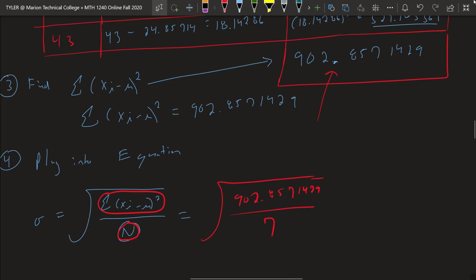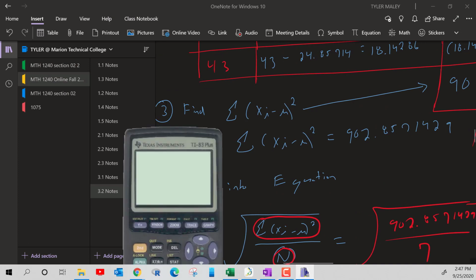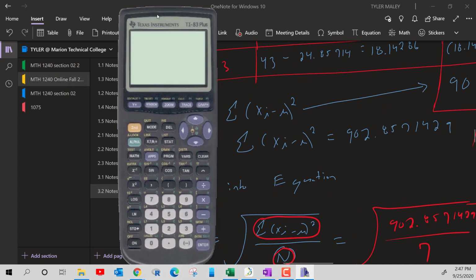Right? So you could take your calculator and take 902.8571429 divided by 7 and get that number, and then take whoops, that's not big enough, right? The 902 didn't go in. Let me try that again. So we took 902.8571429 and divide that by 7, and then we're going to take the square root of that number.